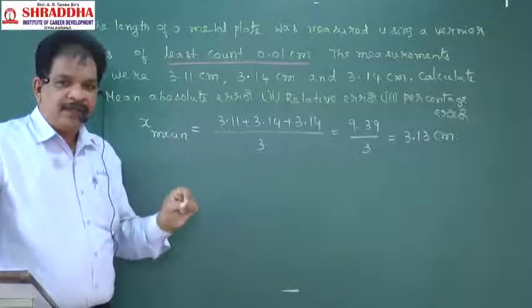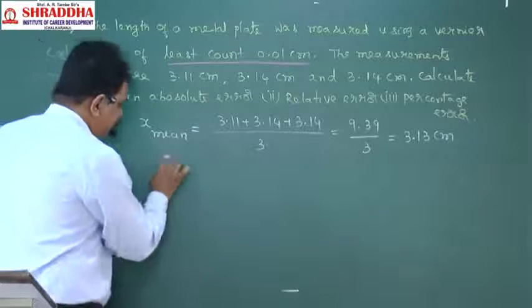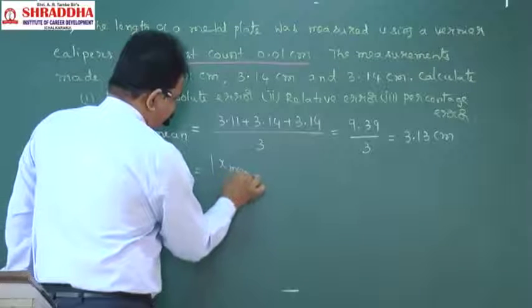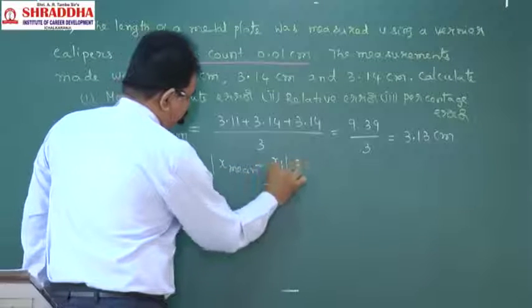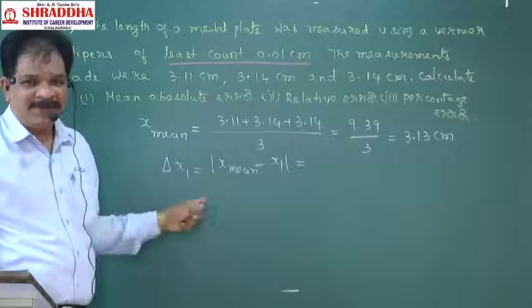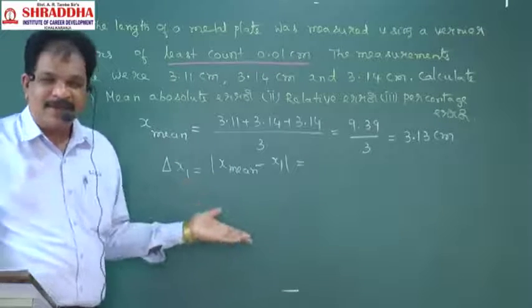Then absolute error in the first measurement, delta x1. You all know how to do it. Try to do it, all of you pause the video and try, and then check the answer whether you are going correct or not.